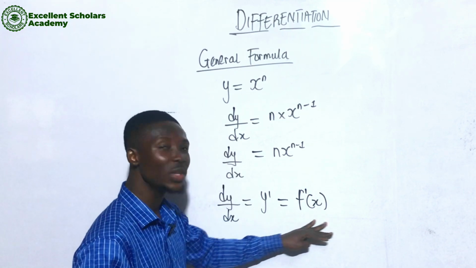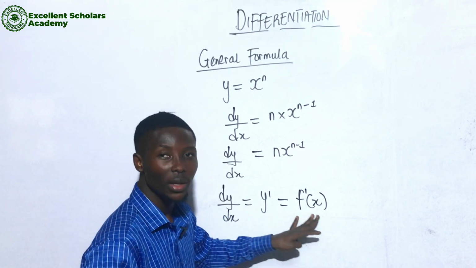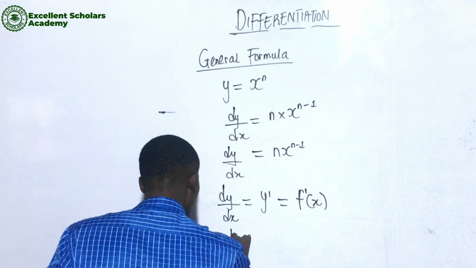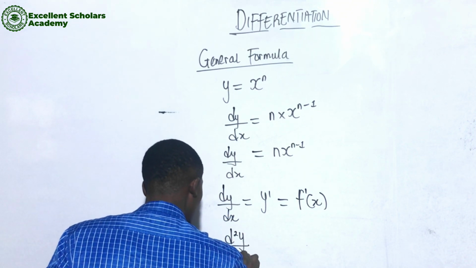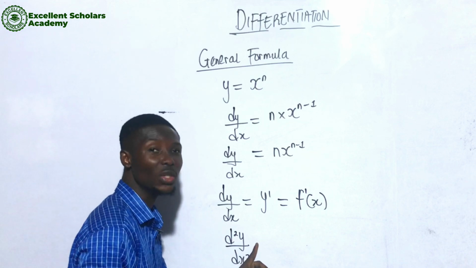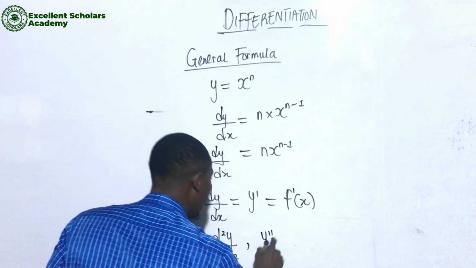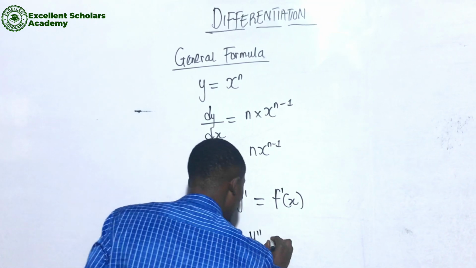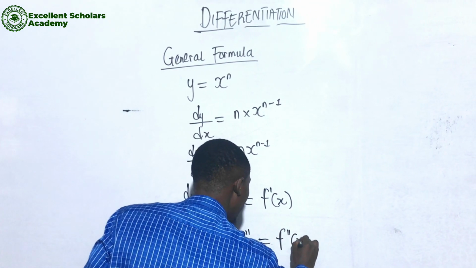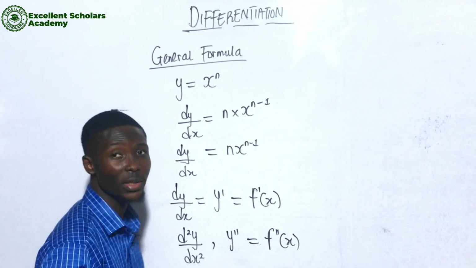So do not be confused anytime you see this. This simply means differentiate. You see d squared y over dx squared, this means I'm going to differentiate twice. And if I'm given y double prime, it also means to differentiate twice. The same thing, f double prime of x, meaning differentiate twice.